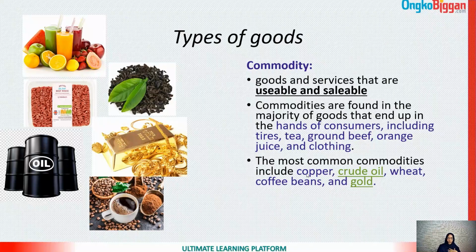Okay. Some most common commodities include copper, crude oil, wheat, coffee beans and gold. So they are consumed at the end in the consumer's hand, and they are usable and sellable. Okay, so all the services are not commodity, but all economic services are commodity. Remember that all economic goods and services are commodity.